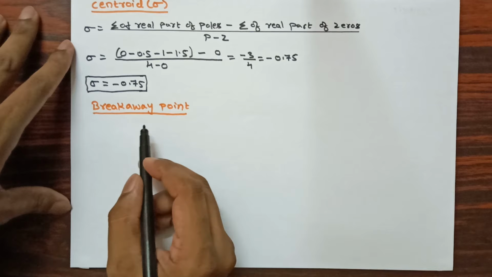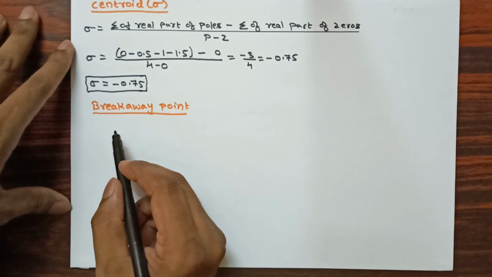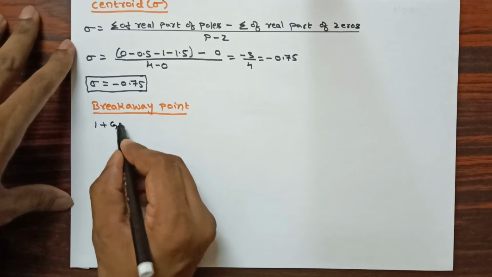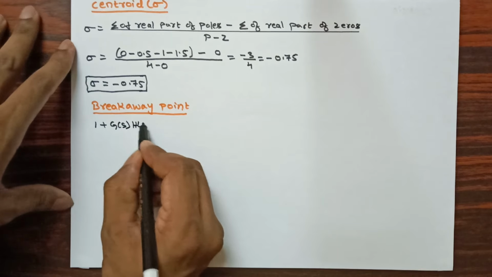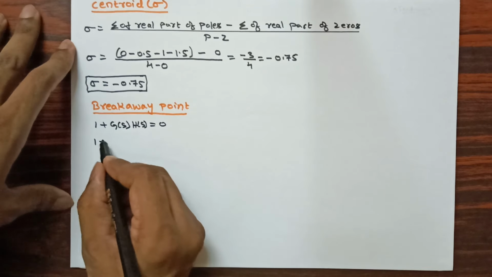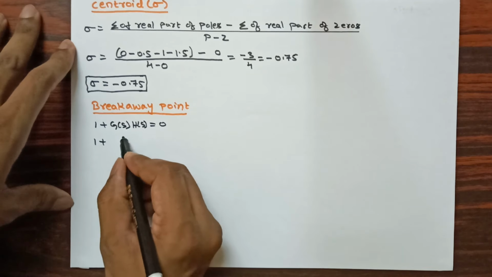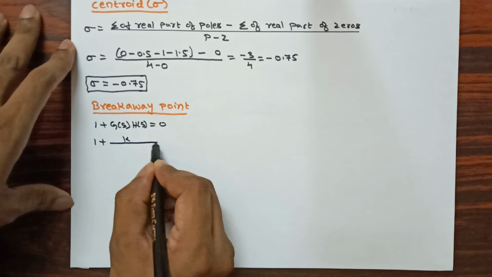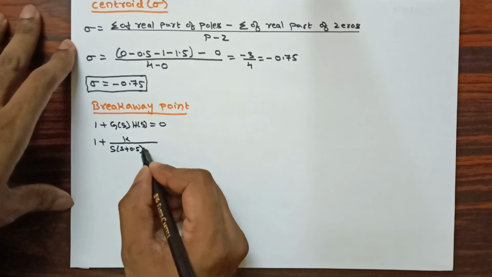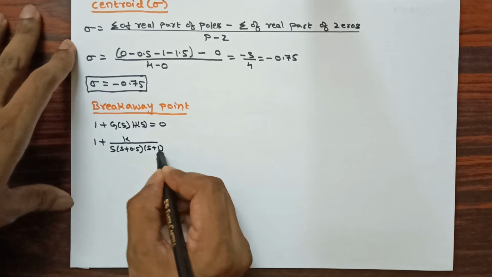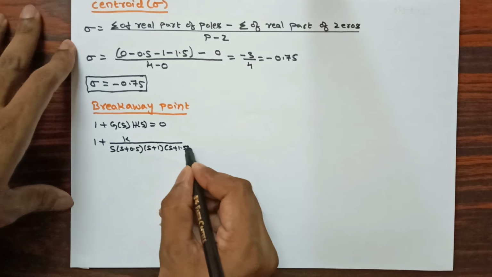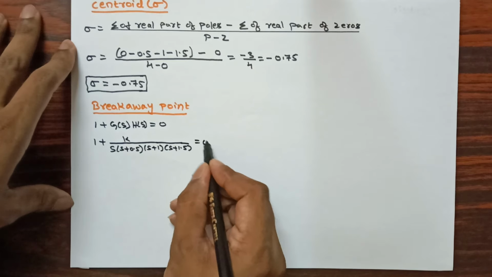To calculate the breakaway point, we know that first we need to consider the characteristic equation, that is 1 plus g of s into h of s is equal to 0. So 1 plus g of s into h of s is k divided by s into s plus 0.5 into s plus 1 into s plus 1.5 is equal to 0.